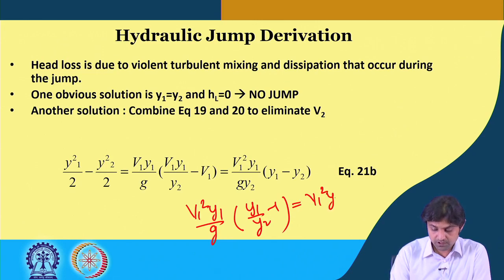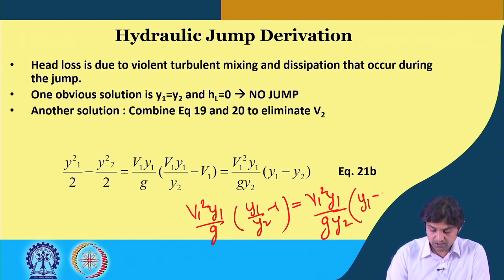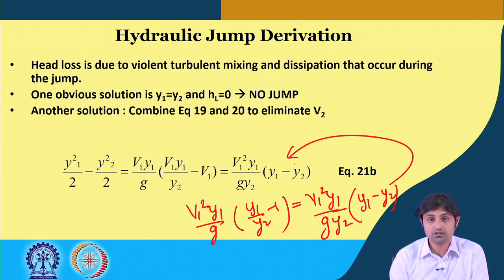So, V1 square y1 by g, and we take y2 outside. So, this is y1 minus y2, and this is the same as this equation.